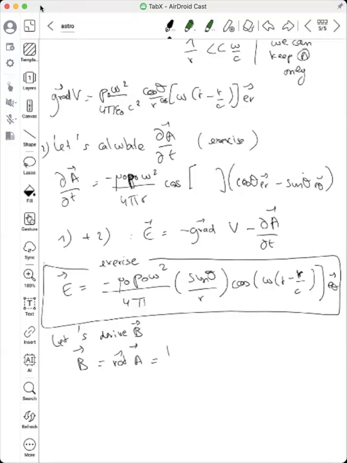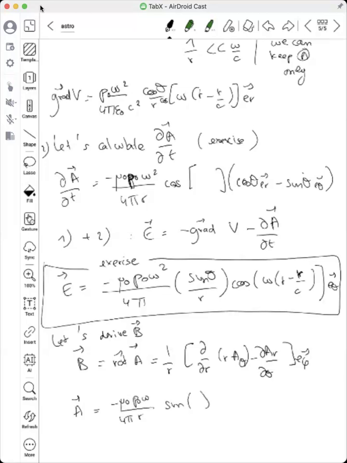And the curl in cylindrical is the following. dA_theta over dr minus dA_r over d theta, e_phi, okay? And A, we showed, is equal to something like this, with a sign here. And here a cos theta e_r minus sin theta e_theta.